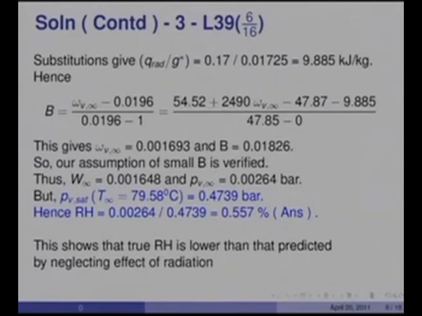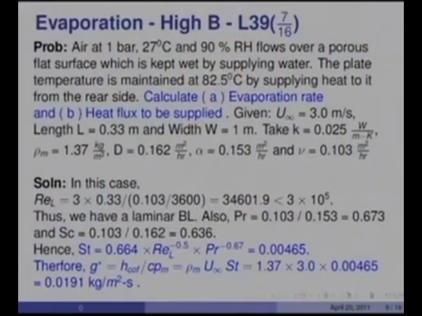So, with this I turn now to the next problem, and here it is. This is of evaporation and a case of high B, as we shall see. Air at 1 bar and 27 degrees centigrade and 90% RH flows over a porous flat surface, which is kept wet by supplying water. The plate temperature is to be maintained at 82.5 degrees centigrade.